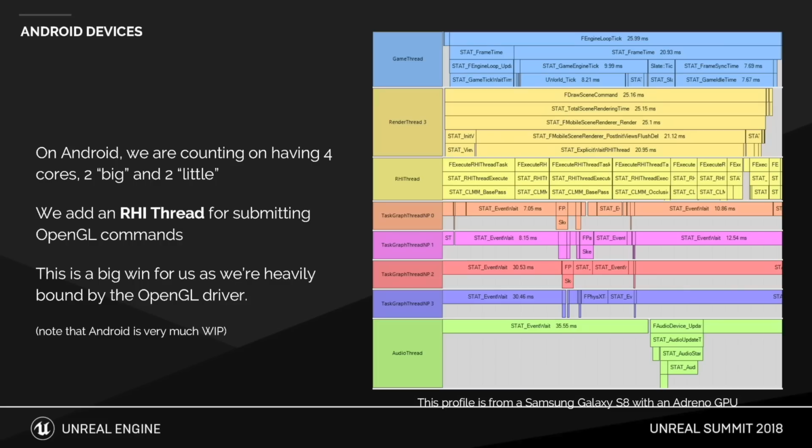And then this third thread is the thread that is used for issuing OpenGL calls. You can see that thread is the one that is taking most of the performance most of the time. So giving the whole 33 milliseconds to the RHI thread allows the OpenGL driver's time to be covered by us doing other work in other threads.